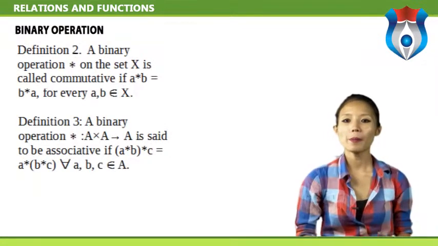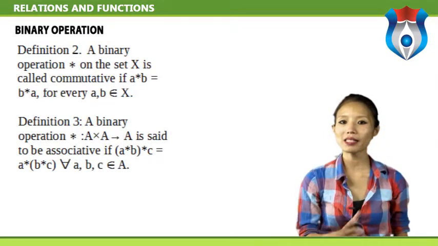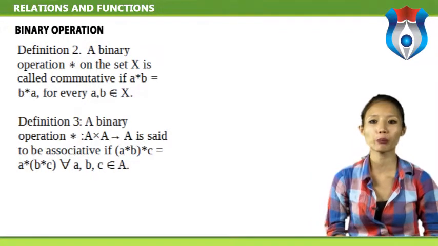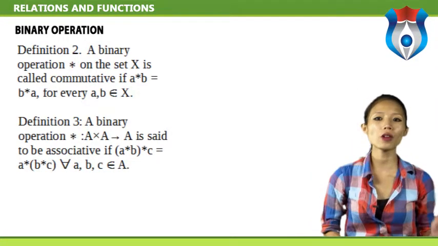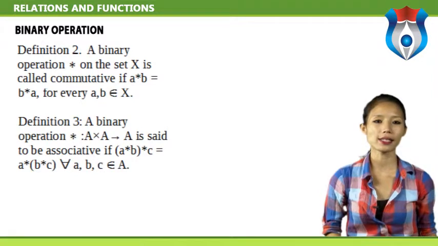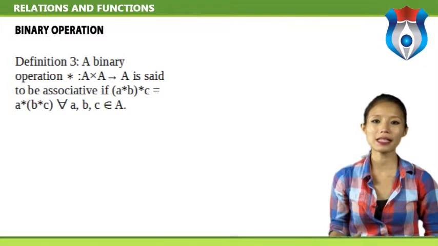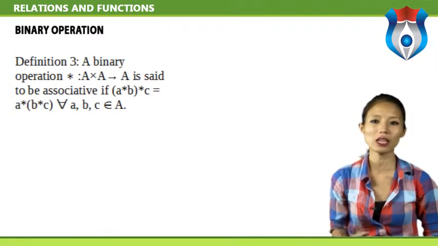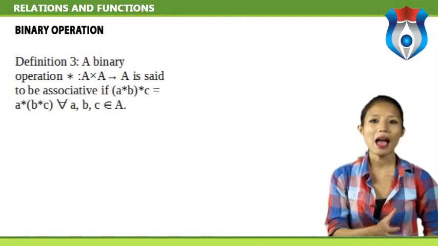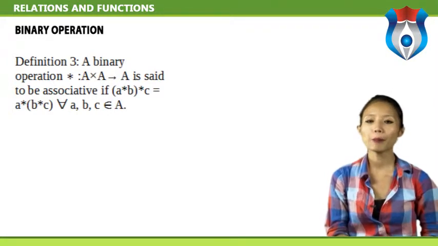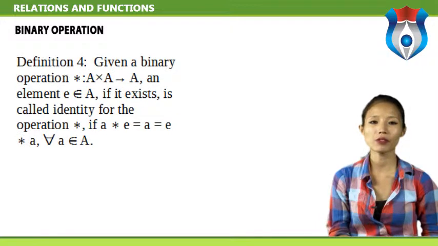Definition 2. A binary operation * on the set X is called commutative if a*b is equal to b*a for every a, b belongs to X. Definition 3. A binary operation *: A × A → A is said to be associative if (a*b)*c is equal to a*(b*c) for all a, b, c belongs to A. Definition 4.